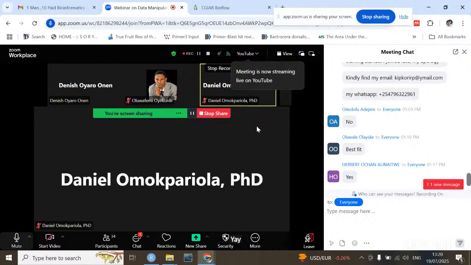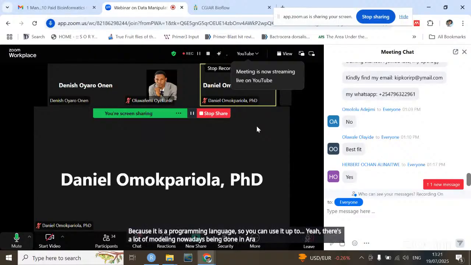Yes, you can use R for modeling, by the way, because it is a programming language. There's a lot of modeling nowadays being done in R, even in Python.